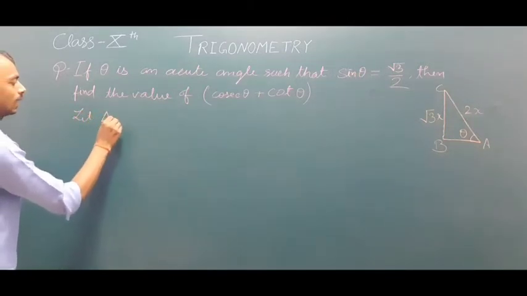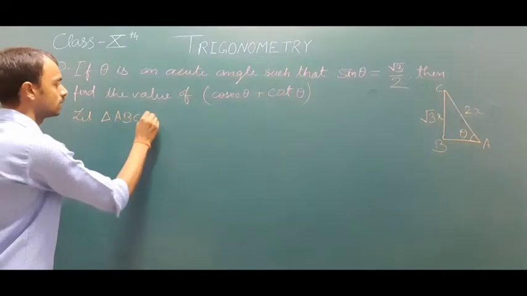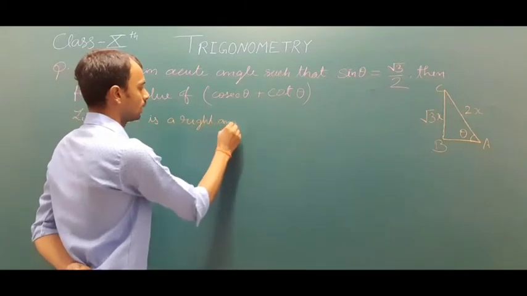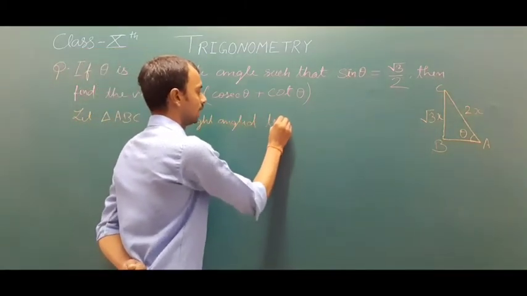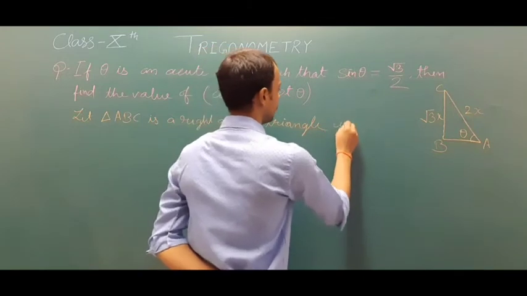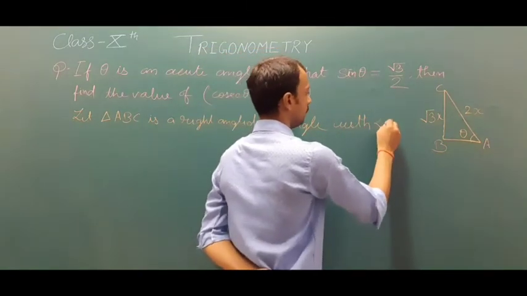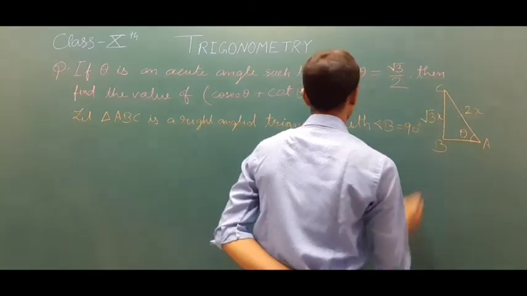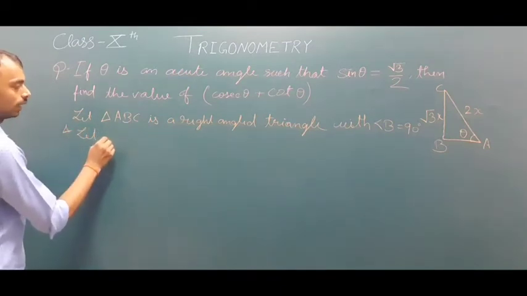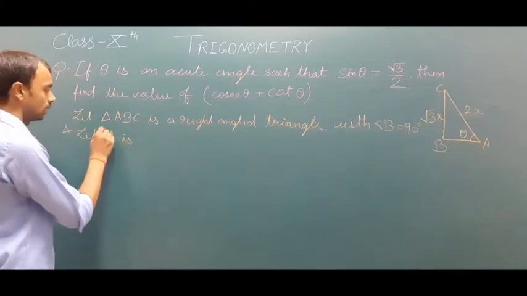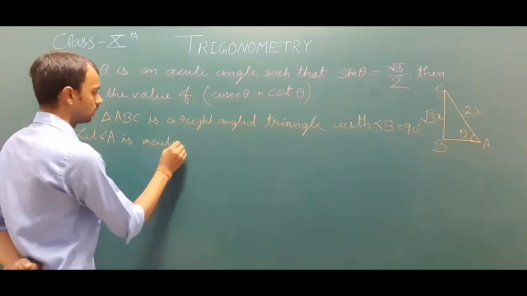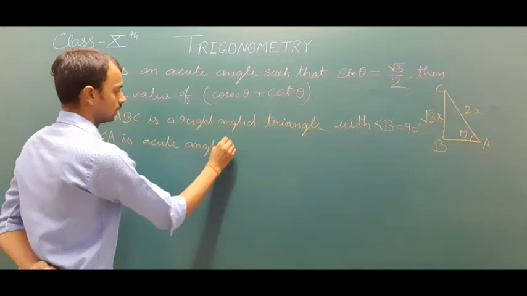Let triangle ABC be a right angled triangle with angle B equal to 90 degree, and let angle A be the acute angle theta.